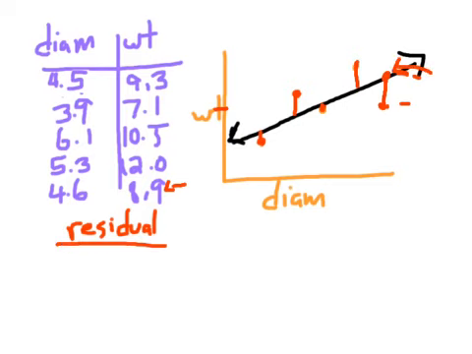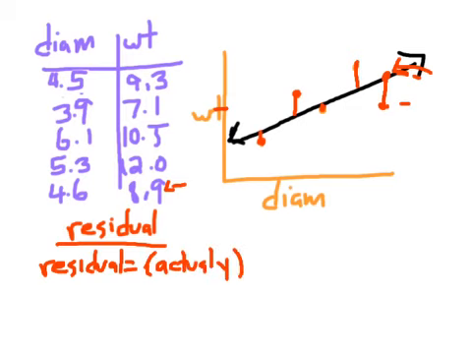So the formula for the residual for any point is: residual equals the actual y, which is the number that would be in the actual data, minus the predicted y. And usually you would find the predicted y by figuring out the equation of the LSRL like we did last lecture and then plugging in the value.